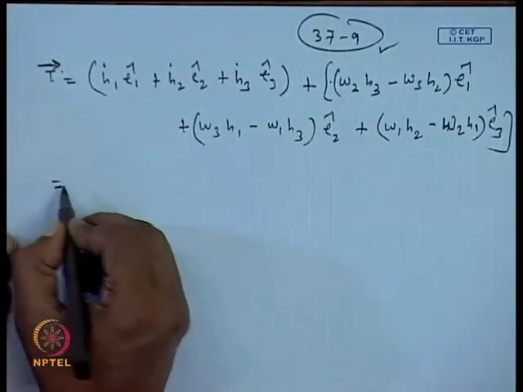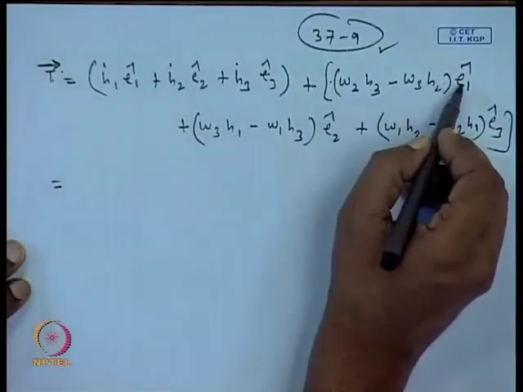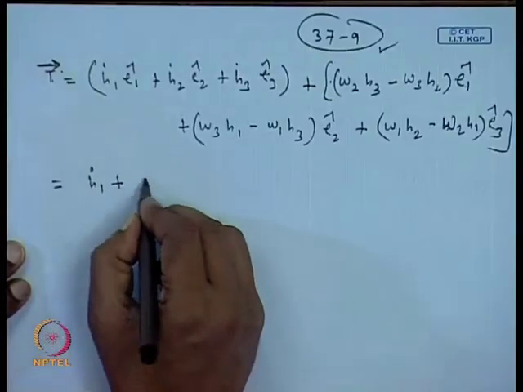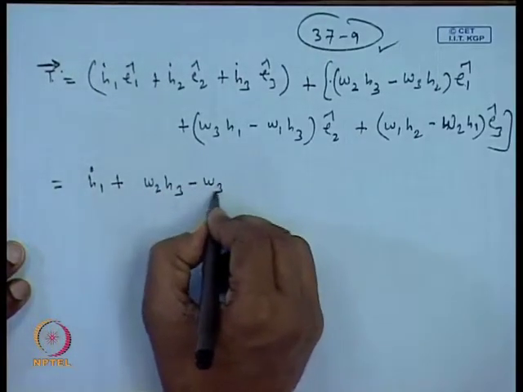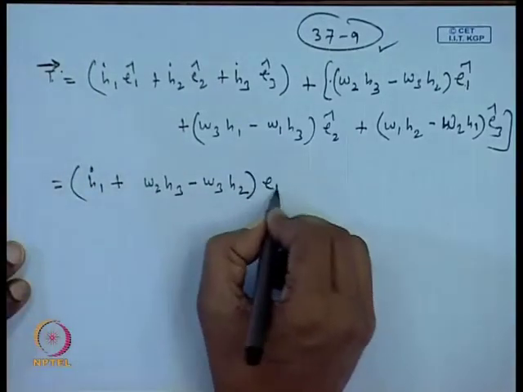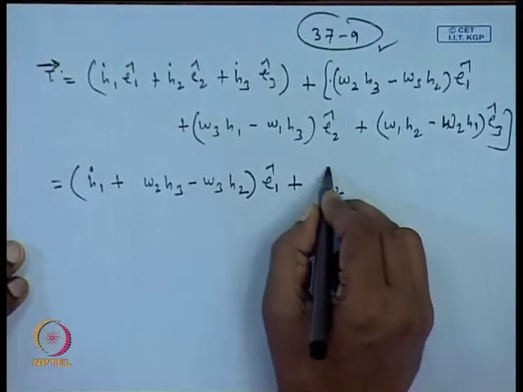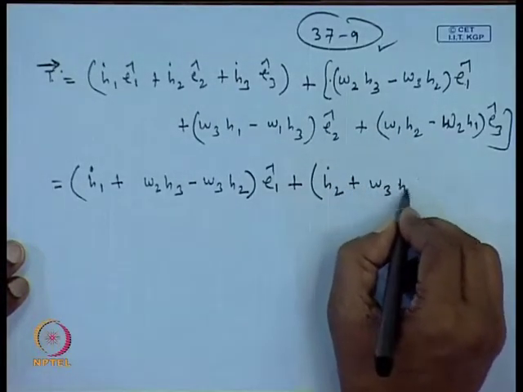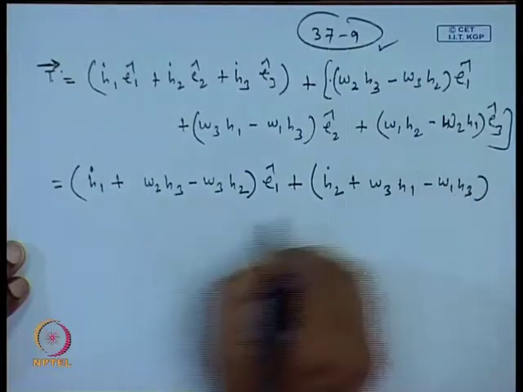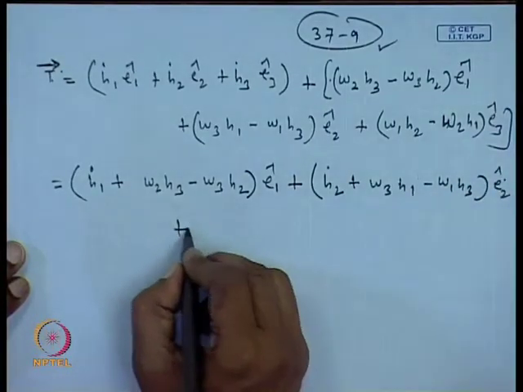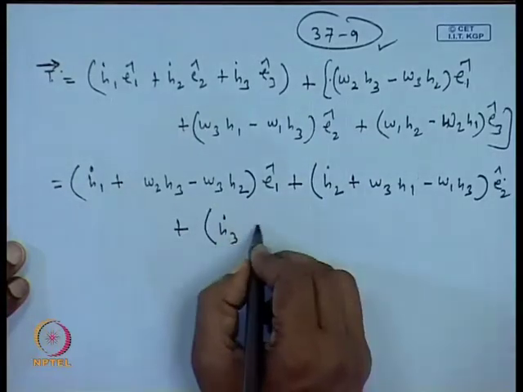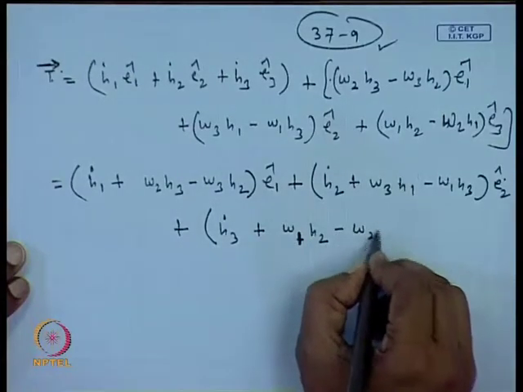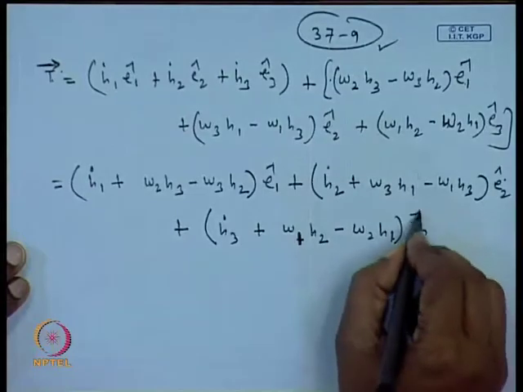We can combine the terms with E 1, E 2 and E 3 separately. So, this will become H 1 dot plus omega 2 H 3 minus omega 3 H 2 times E 1 cap, H 2 dot plus omega 3 H 1 minus omega 1 H 3 times E 2 cap, plus H 3 dot plus omega 1 H 2 minus omega 2 H 1 times E 3 cap.